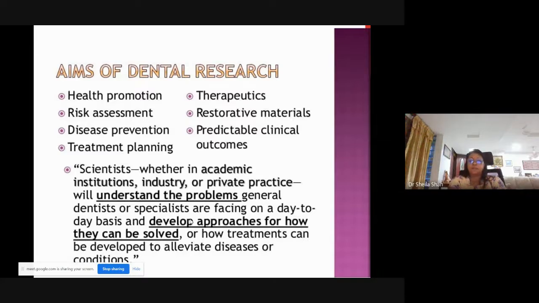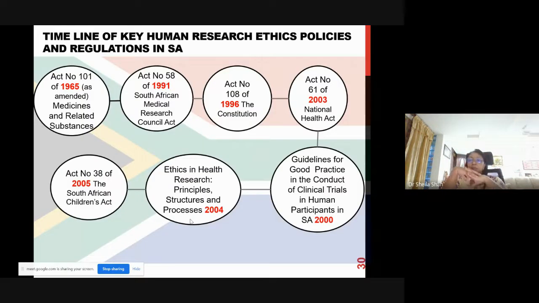So we are developing new approaches to solve problems and improve your treatment. You see the scenario just now, year by year how it improved. So these are the ethics policies that came up throughout the years. It started in 1965, and we are still adding one by one.